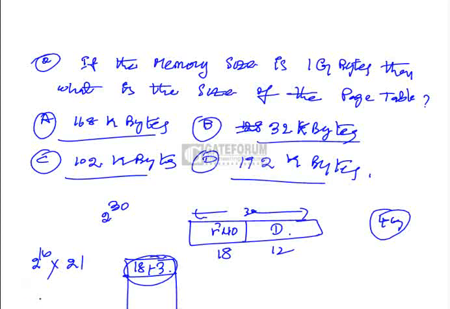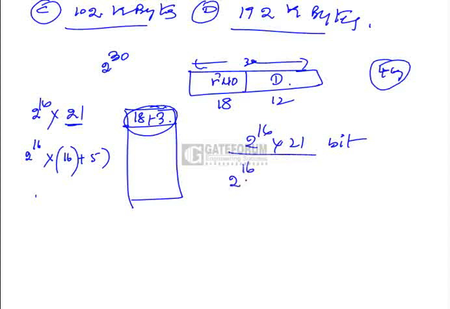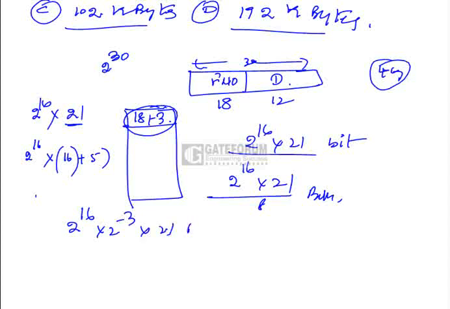So the size is 2 power 16 into 21 bits. To find it in bytes, divide by 8: 2 power 16 into 2 power minus 3 into 21 bytes.